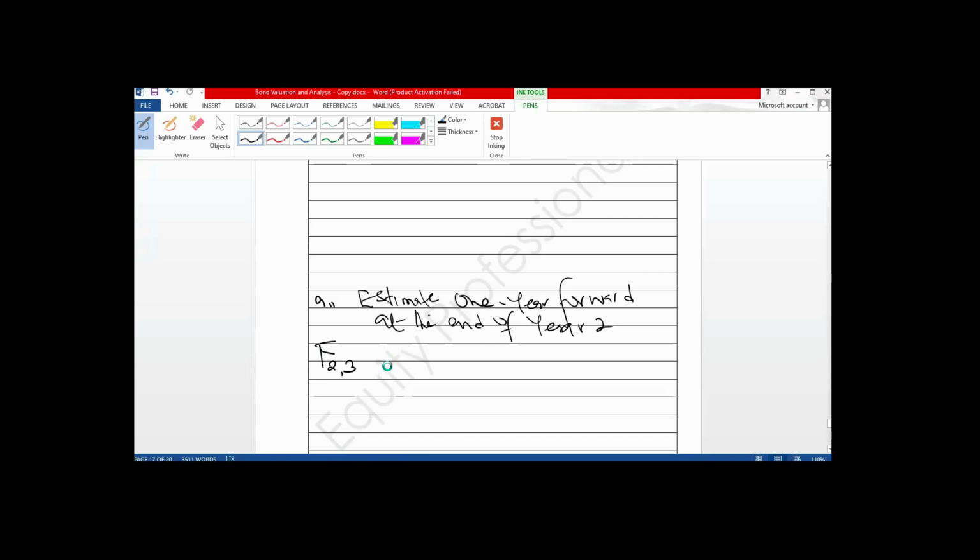That is the 1 year forward rate at the end of year 2. The formula becomes bracket 1 plus RO3 raised to power 3 over 1 plus RO2 raised to power 2, close my bracket, raised to 1 over 3 minus 2, everything minus 1.